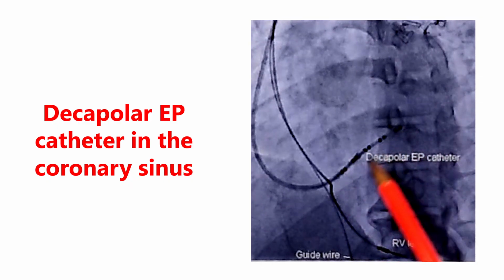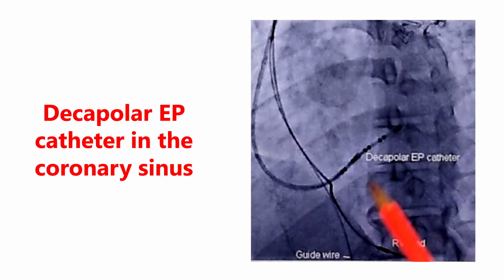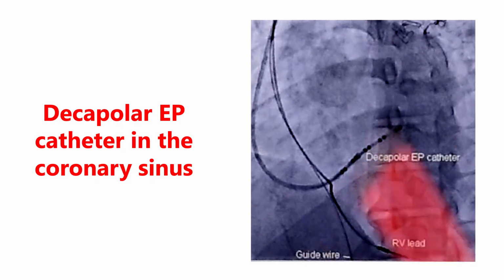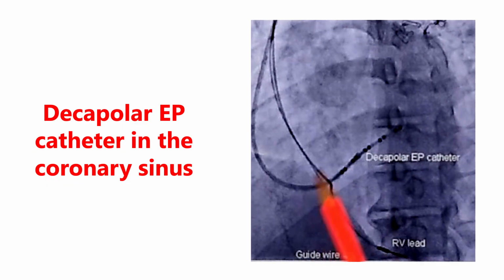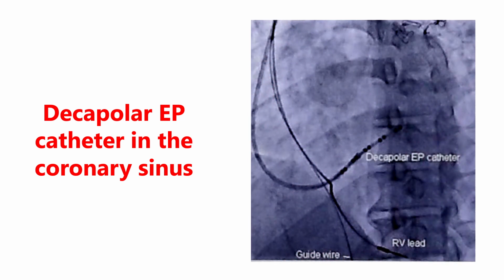You can see the 10 poles of the decapolar catheter. This is usually used for electrophysiology studies to find out potentials from different regions of the heart. This is a steerable catheter. From the proximal end, you can turn the catheter tip using the steering mechanism. That's why it is used for cannulation of the coronary sinus. The catheter has to come this way and go into the coronary sinus.